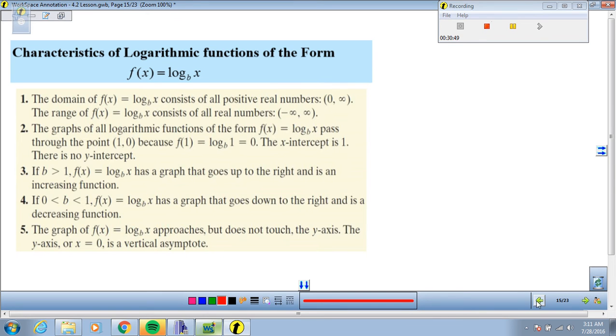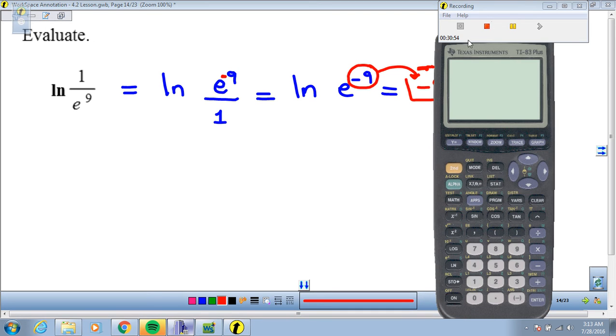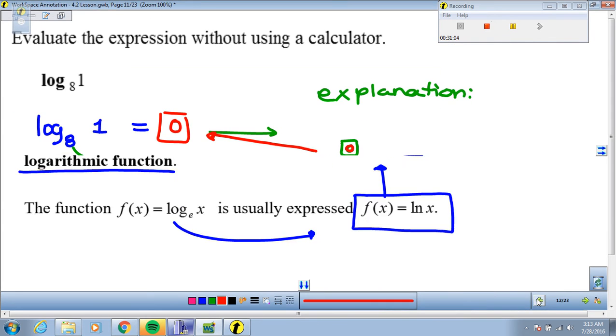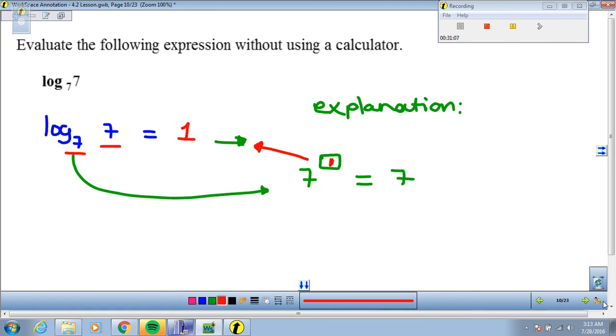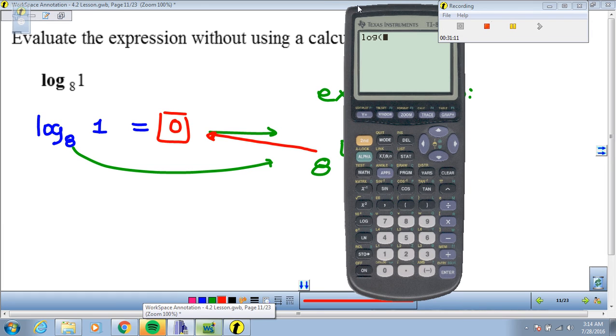I should probably show you by this point that you can use the calculator for the logarithms. Where do you find the regular logarithms? Here, log. Let me go back to a previous slide before I do this one. Like for example, this one. Now, the thing with these old version calculators is I do not think that you have the ability to enter a logarithm with a different base than 10.